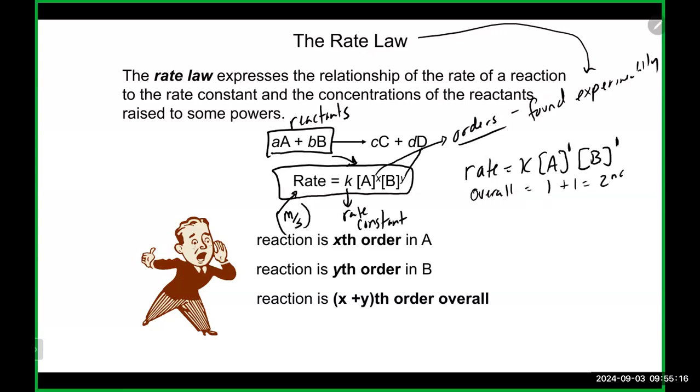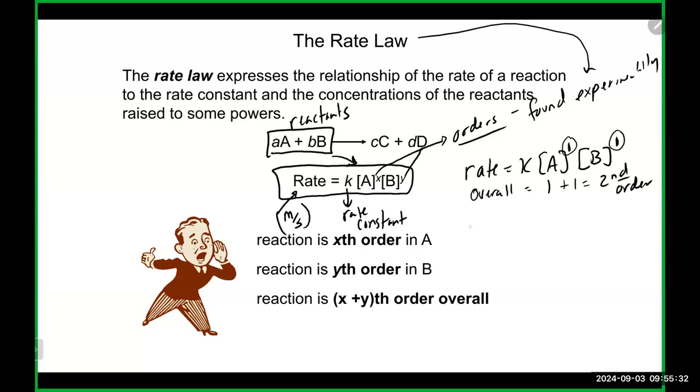In this example, this would be overall a second order reaction, by simply adding our orders together. So how can this rate law help you in a real life situation?